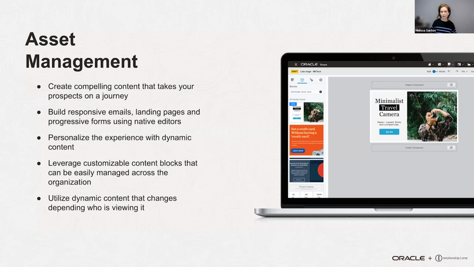And Eloqua makes that very simple. We can create dynamic content blocks, which basically means what I see on this email could be different than what Scott sees or Victoria sees, because it's basing it on, again, maybe contact information or engagement behaviors, whatever it might be. And we can then reuse those content blocks in other assets.